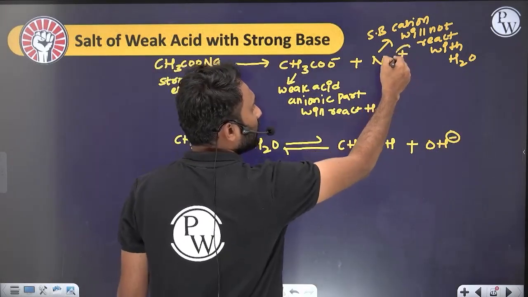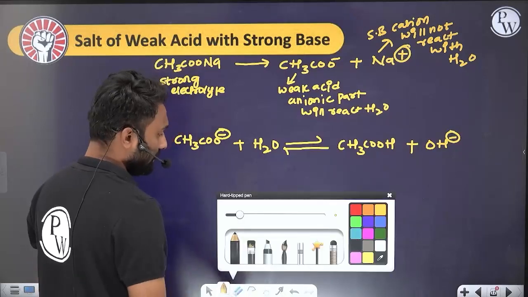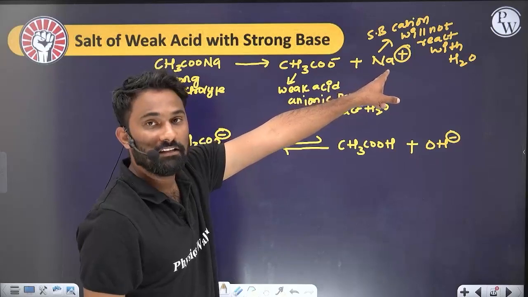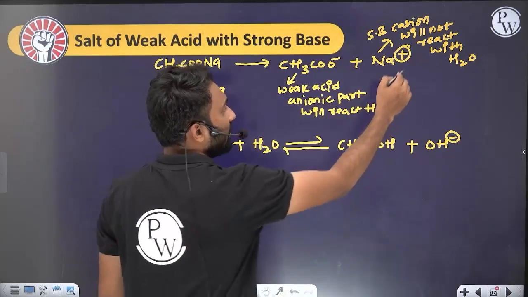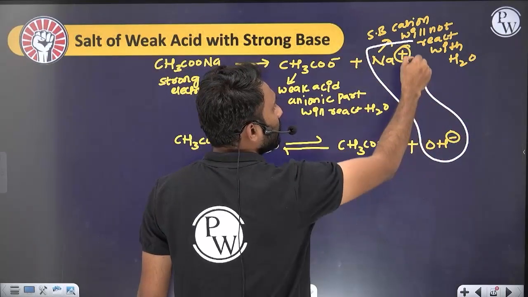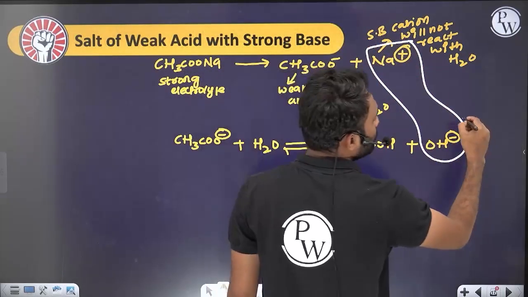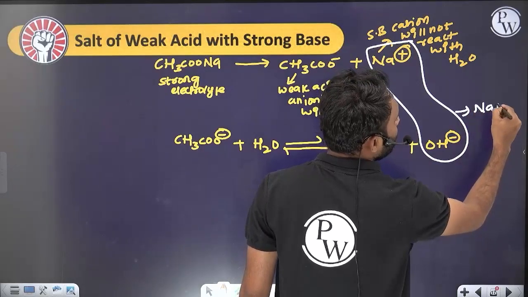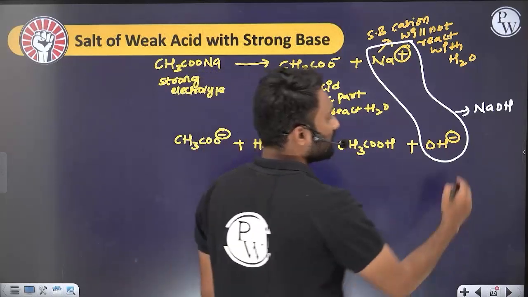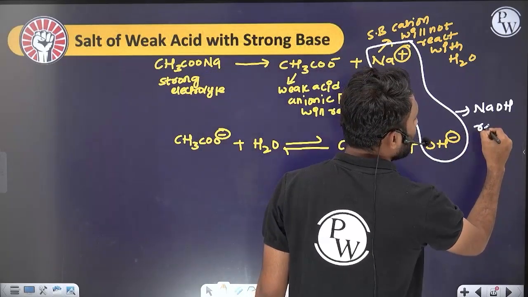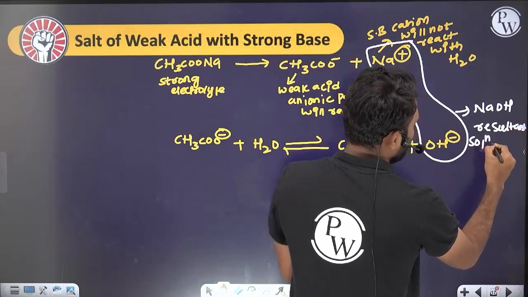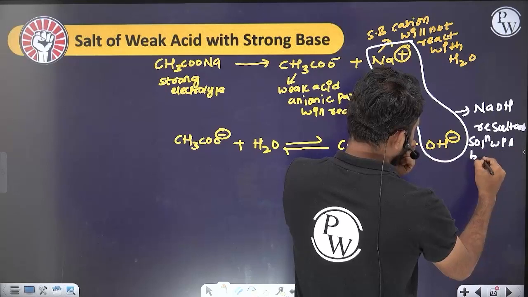Now, here in the solution we are having the Na plus ion and the OH minus ion. Now, this Na plus ion and the OH minus ion react to give NaOH. So the resultant solution will be basic, right?